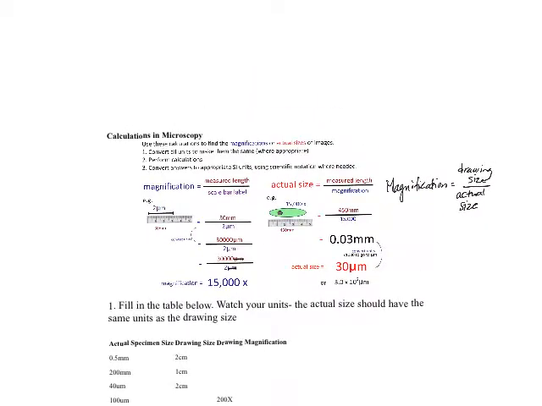And just to remember that when you're converting between metric units, you have base, which is meters, liters, and grams, deci, centi, milli, micro, nano, right?